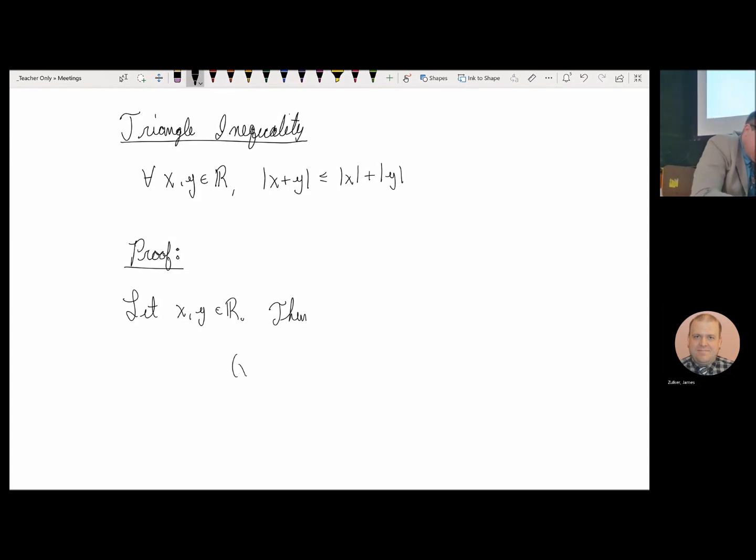If you take a look at X plus Y all squared, right?